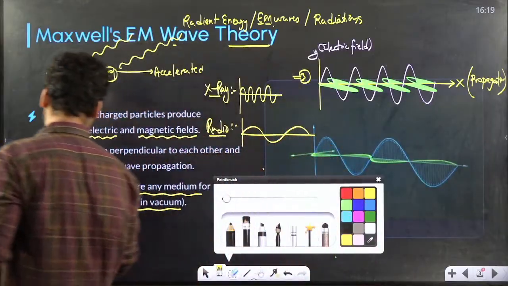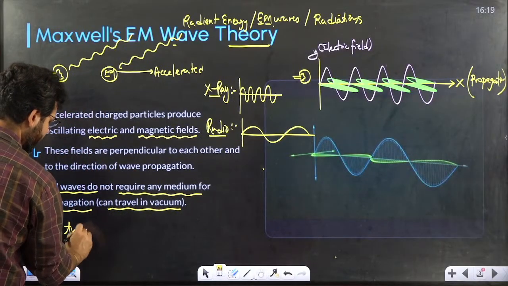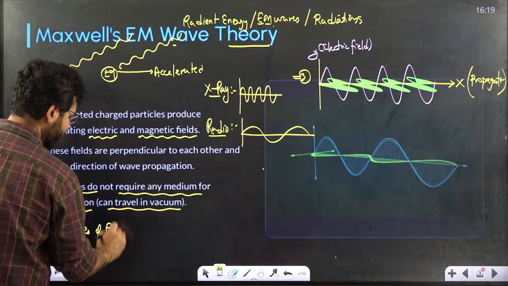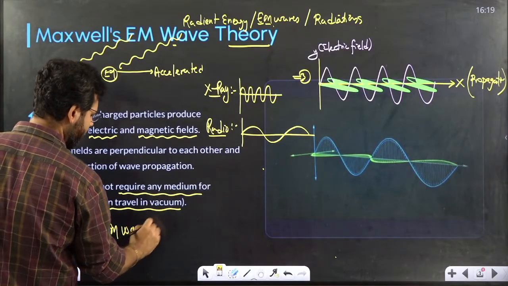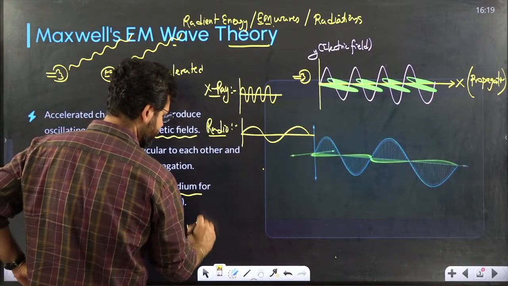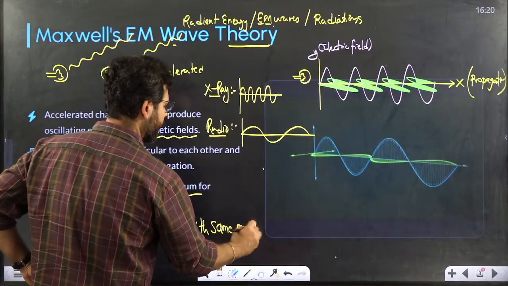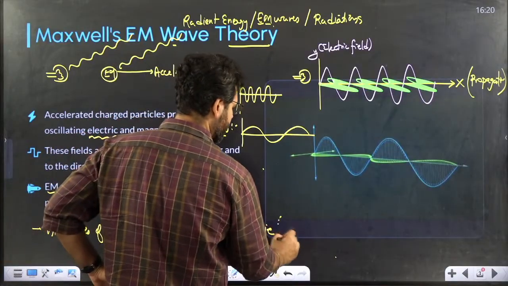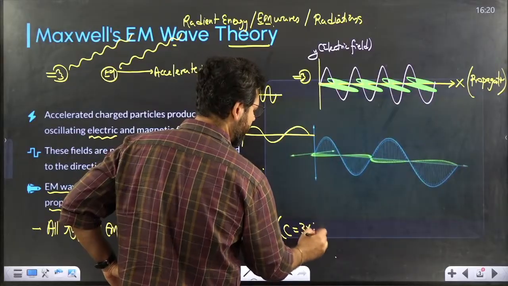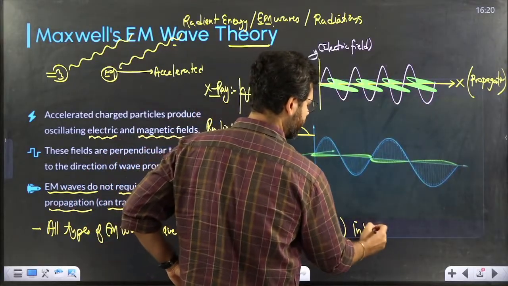So remember this point, all types of electromagnetic waves travel with the same speed, that is c, 3 into 10 power 8 meter per second in vacuum.